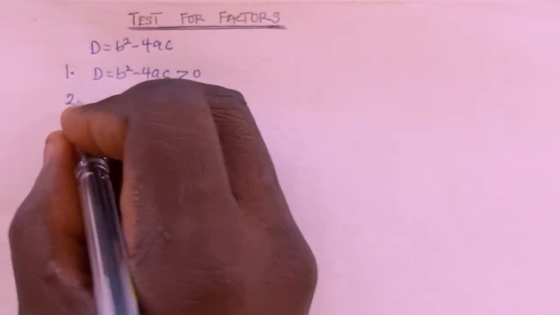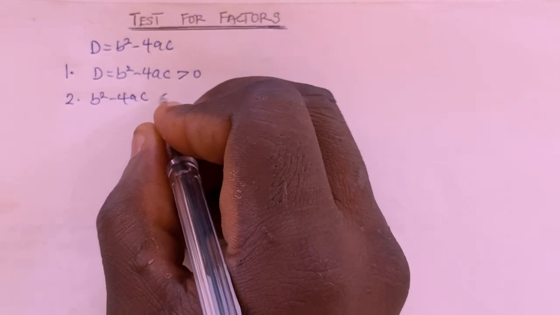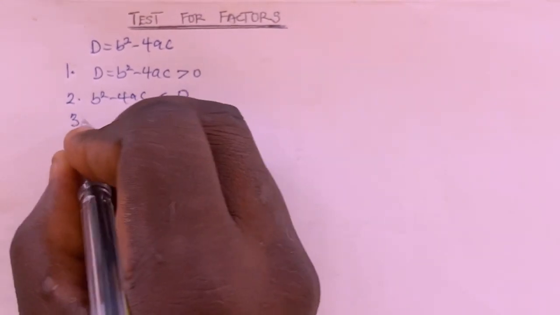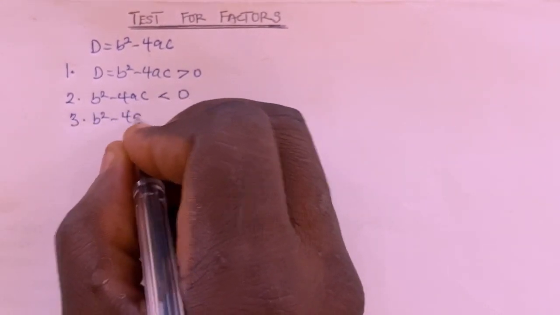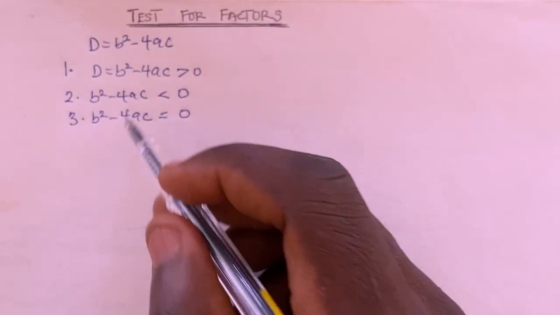Then we also have the second one, which is when b squared minus 4ac is less than 0. And the third one is when b squared minus 4ac is equal to 0. So these are the three conditions that we have.